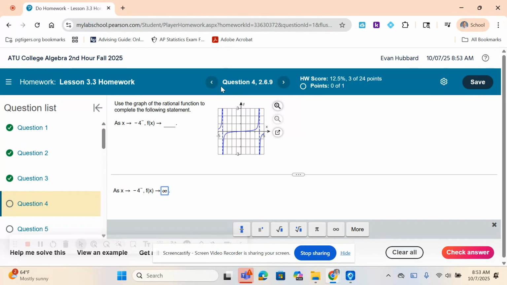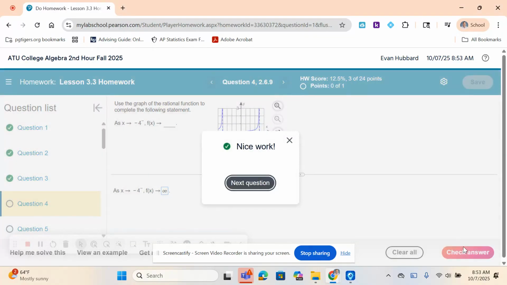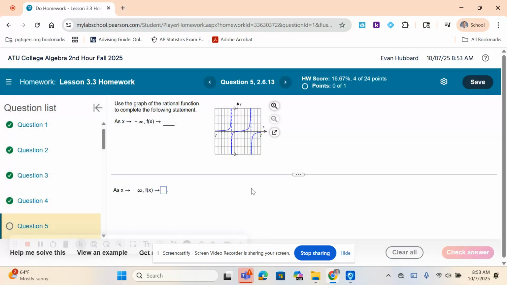As x approaches negative infinity. So that means as I go forever to the left, where is y approaching?